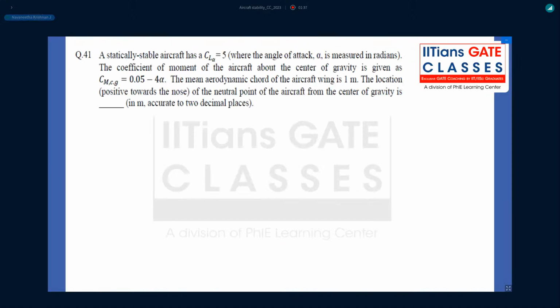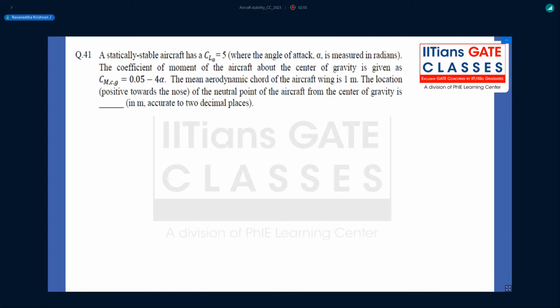Next. 2018, question number 41. A statically stable aircraft has a CL alpha, that is lift curve slope, equal to 5, where angle of attack is measured in radians. The coefficient of moment of the aircraft about the CG is given as CMCG equal to 0.05 minus 4 alpha.